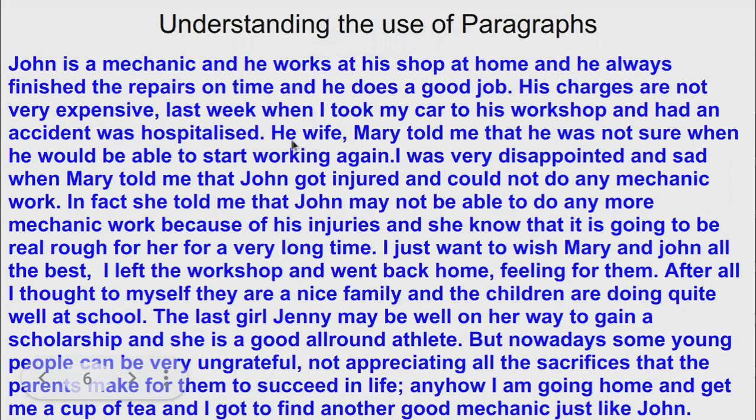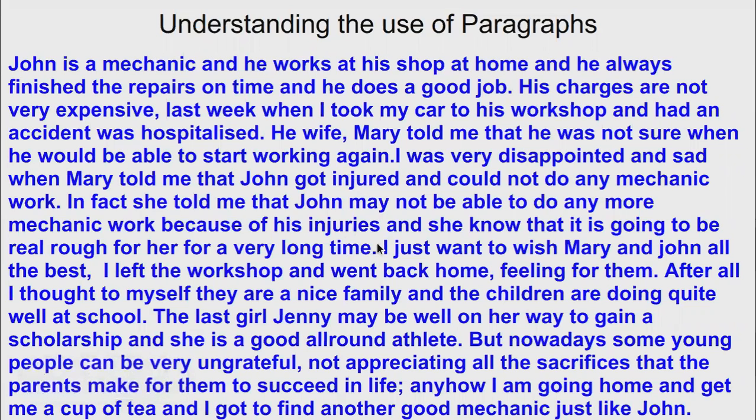So from his wife Mary down to long time can be your paragraph. And the reason is there is no new information being added other than you saying that you're disappointed. That is in the normal course, but we're still talking about John being injured and uncertainty as it relates to when or how soon he would start working again.